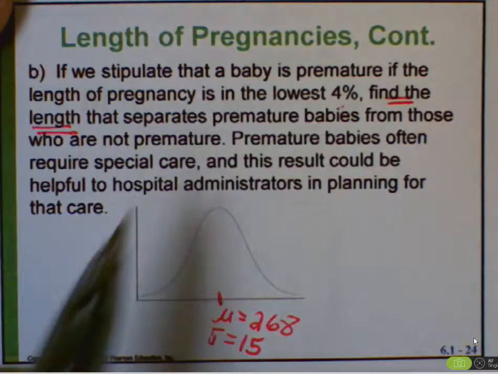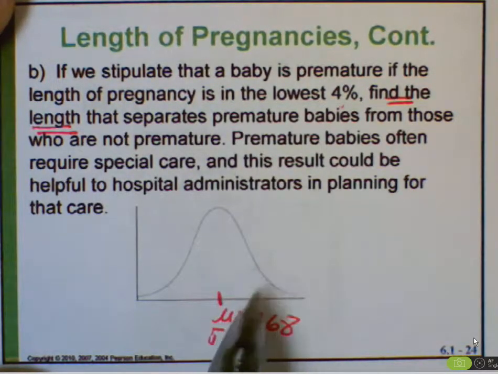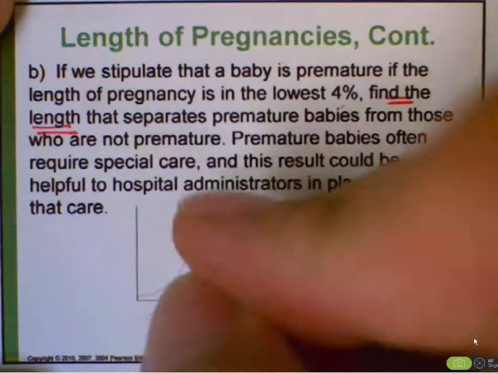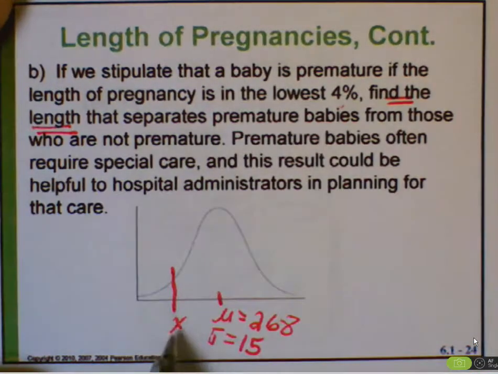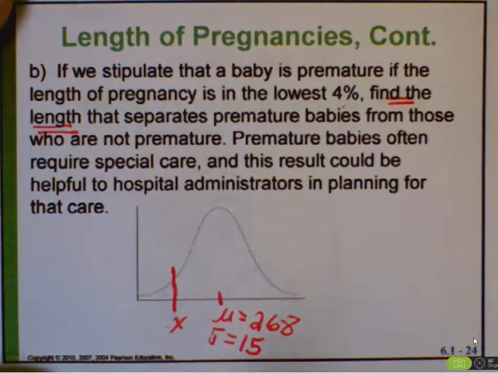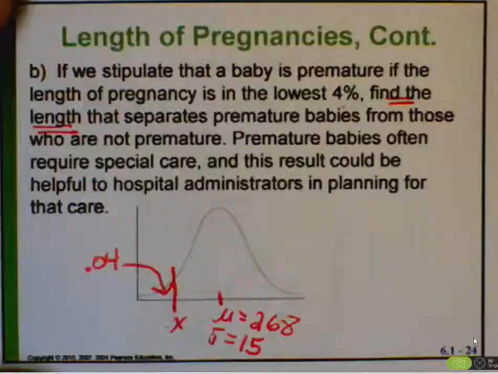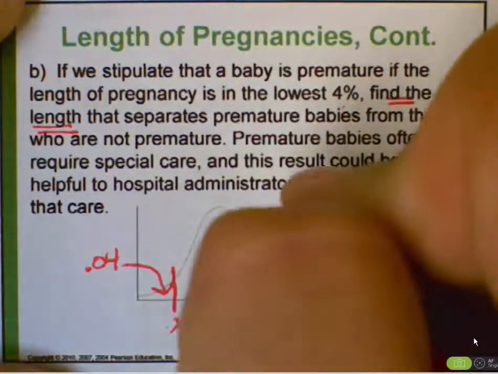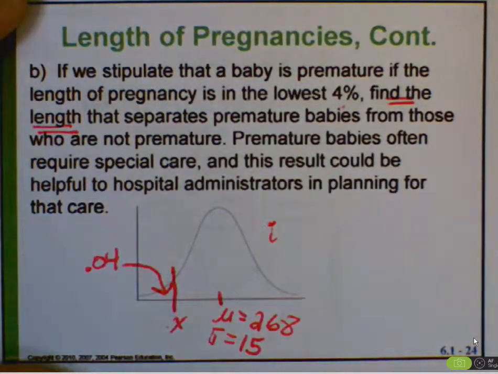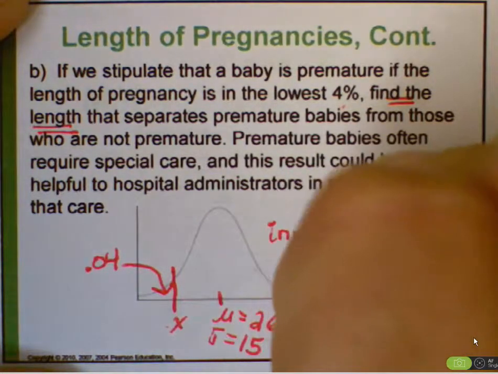If this is going to be a length of pregnancy in the lowest 4%, is that going to be to the left of the mean or to the right of the mean? The lowest 4% would be to the left of the mean, and we're looking for this X value, which only has 4% of the area, or 0.04, to the left of it. When I'm looking for an X value rather than a probability percent or area, I use inverse norm.